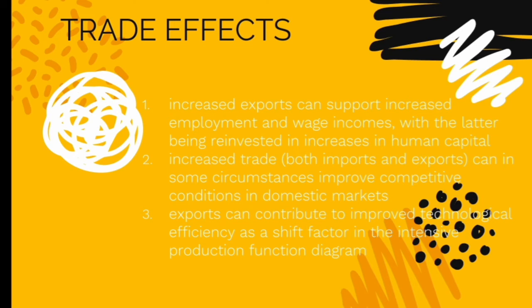And the last one, exports can contribute to improved technological efficiency as a shift factor in the intensive production function diagram. The notion here is that technological efficiency responds to two impulses. The first one, impulse in domestic innovation, which is positively affected by human capital accumulation in some new growth theory models. And the second impulse is the absorption of new technology from the rest of the world.